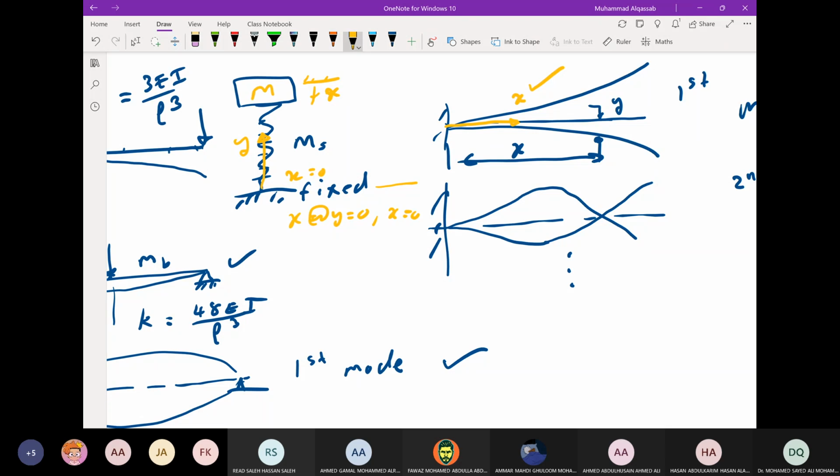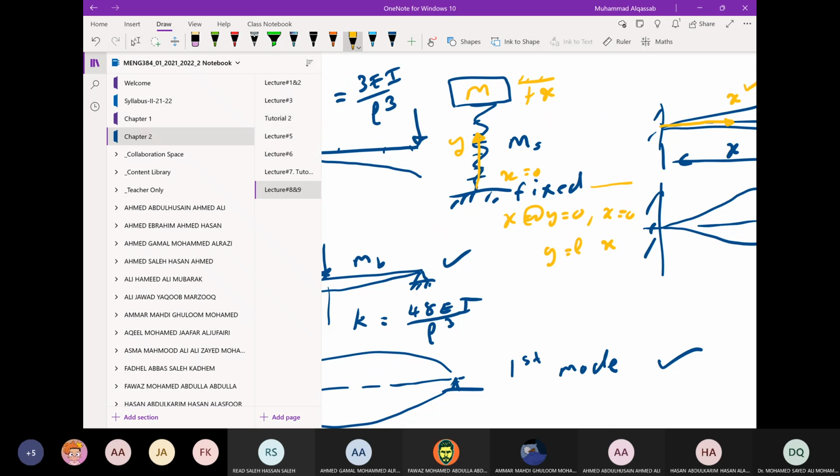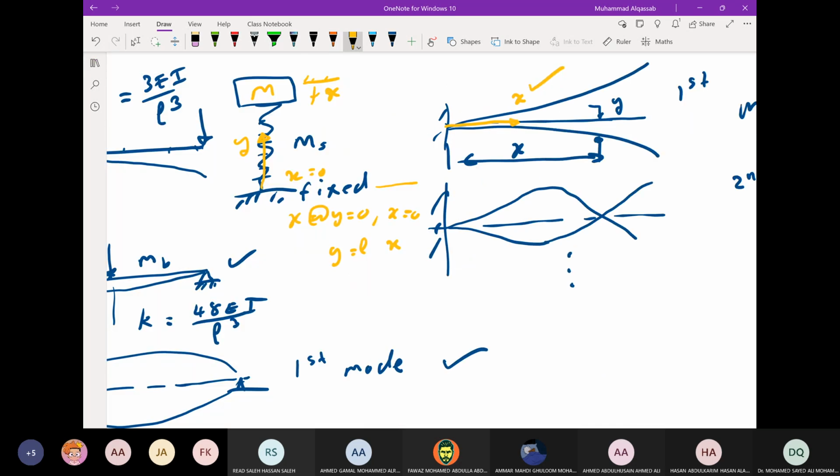So there is a variation of displacement: 0 at y equal to 0, and a displacement equal to x at y equal to L, which is unknown. So the variation in the displacement of the spring between 0 and L has to be assumed.